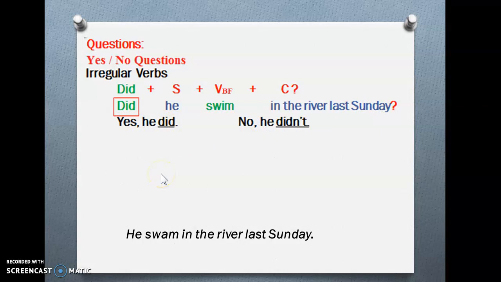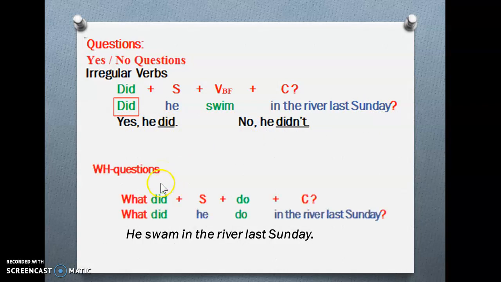And the second type of question is the WH questions. In this case, we are going to use the word what, then the auxiliary verb did, the subject, do, and the complement. For example: What did he do in the river last Sunday?